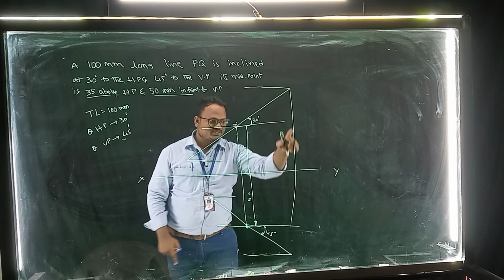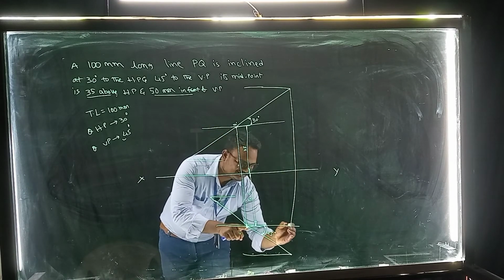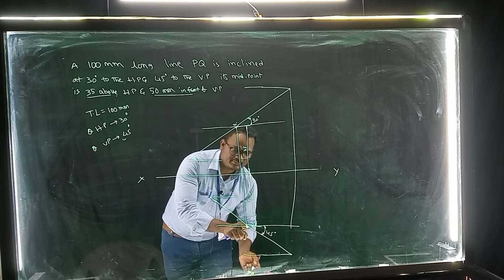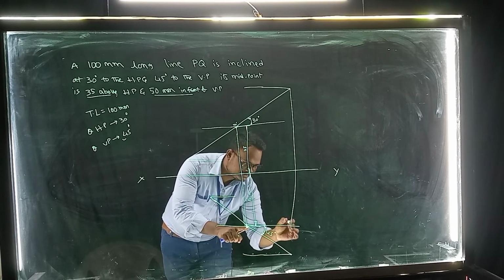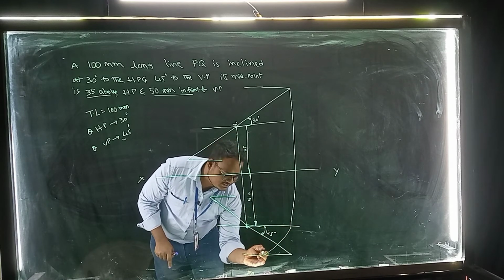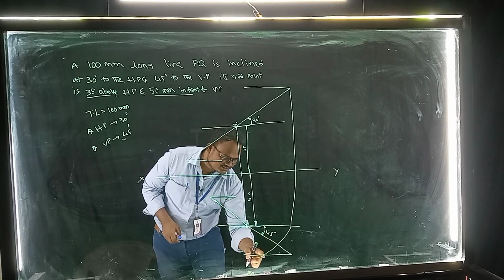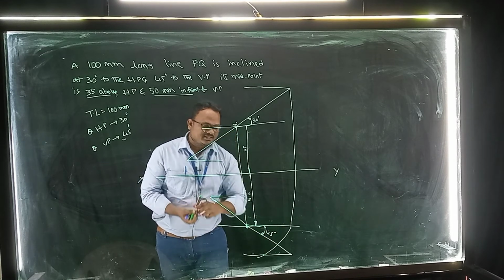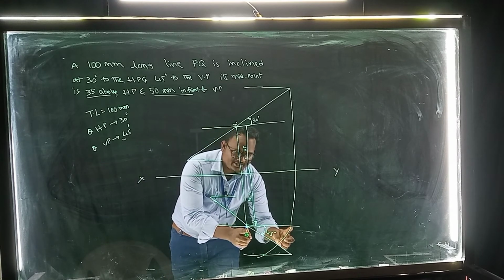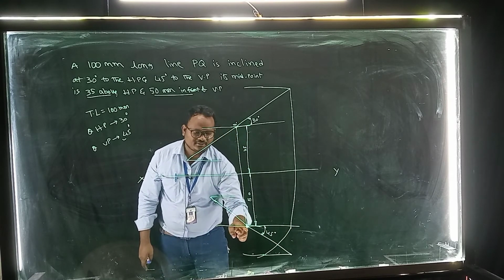Now with M as center and this distance as a radius, draw an arc. This arc touches the locus line somewhere.